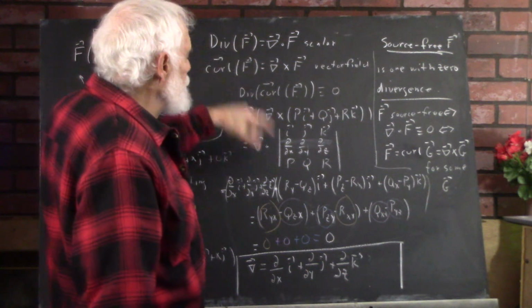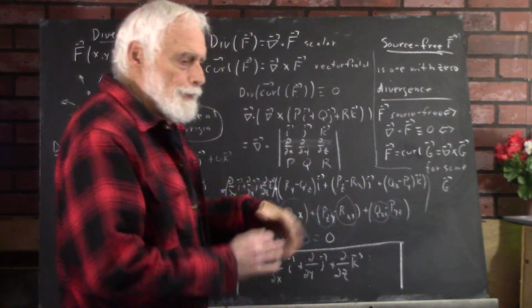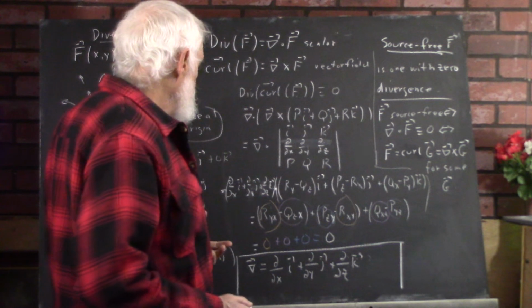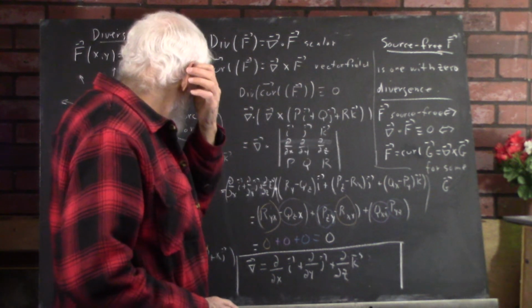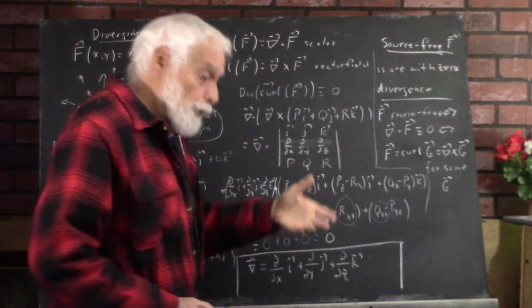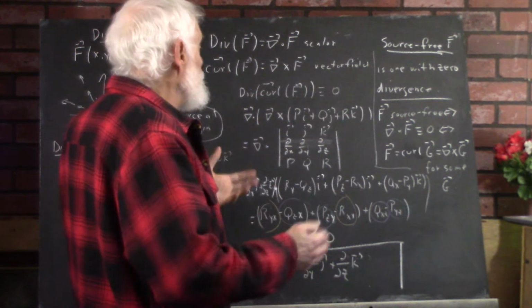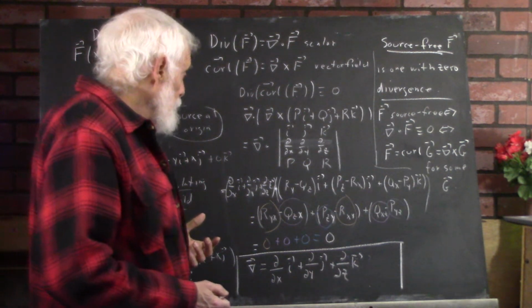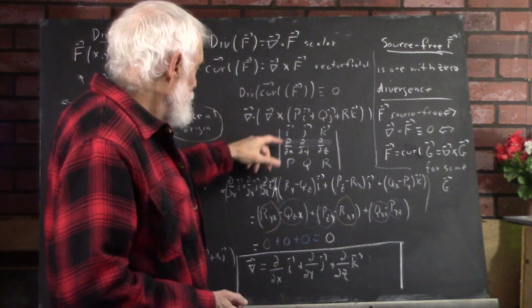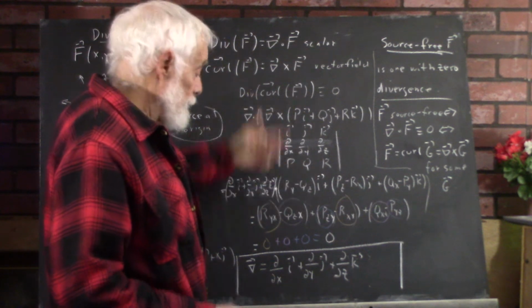But here, since we have full sets of components and all that stuff, it's easy to write out the determinant definition, or the determinant version of the curl. And then we do the determinant, and I'm not going to do that for you.